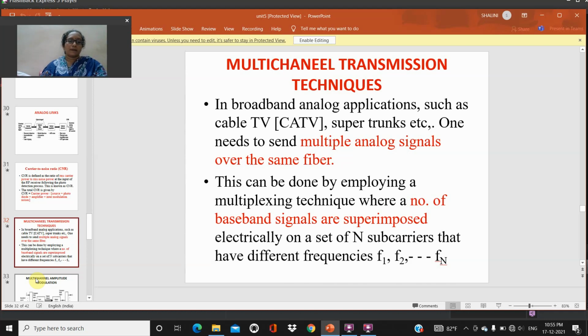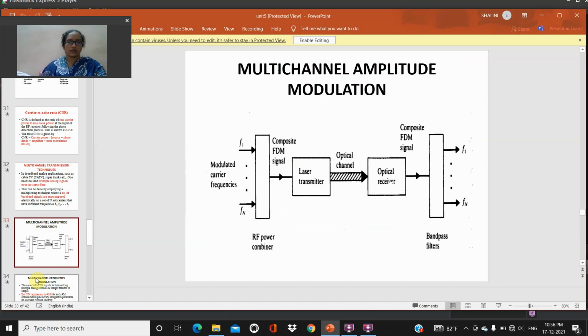This can be done by employing a multiplexing technique where a number of baseband signals are superimposed electrically on a set of n subcarriers that have different frequencies, that is F1, F2 up to Fn.